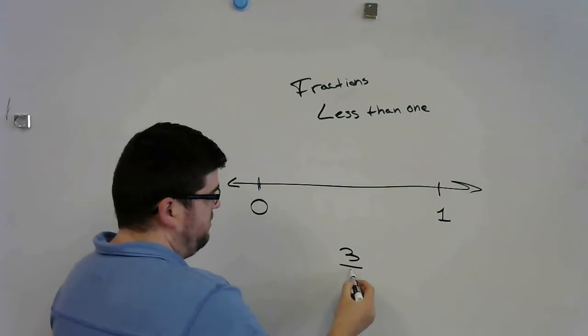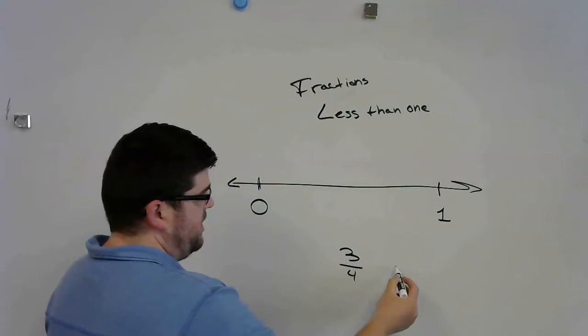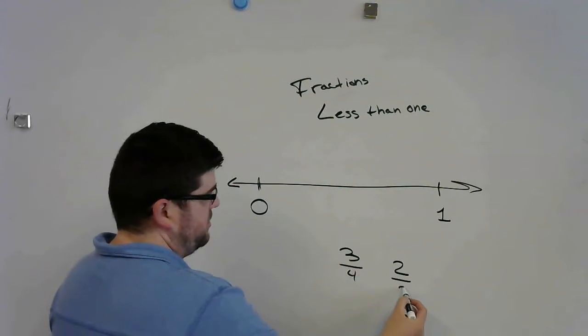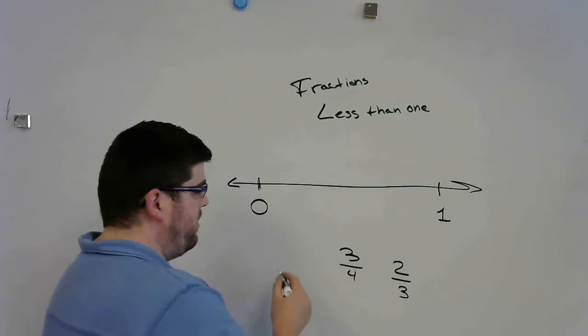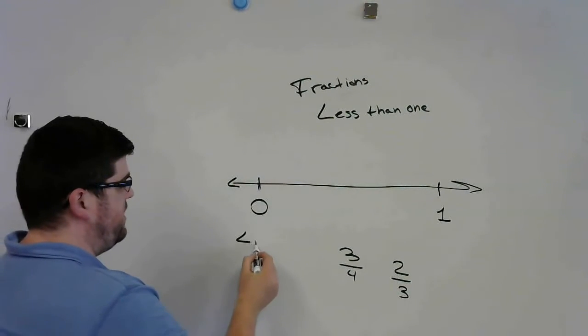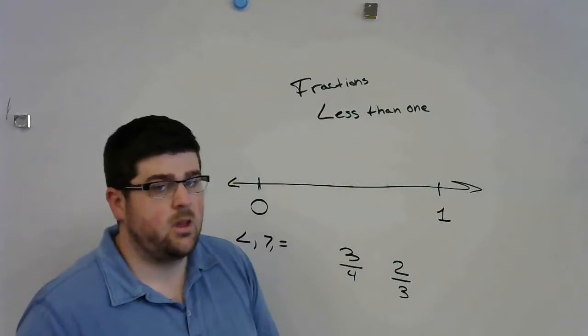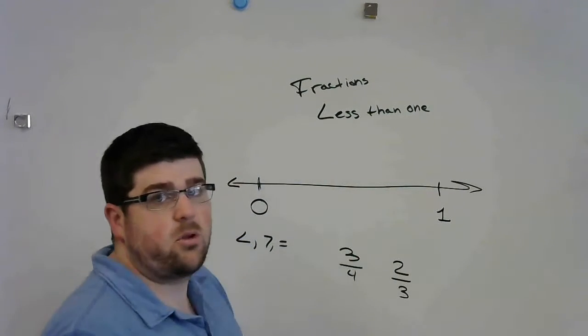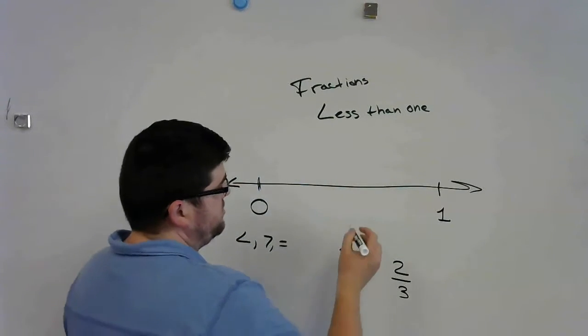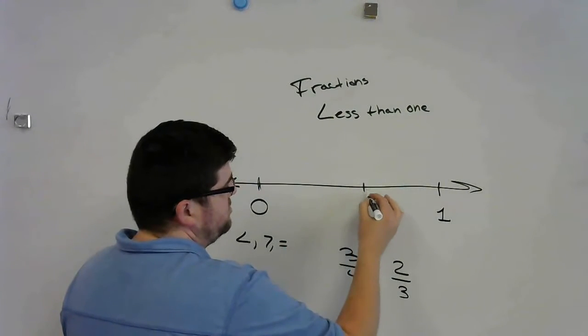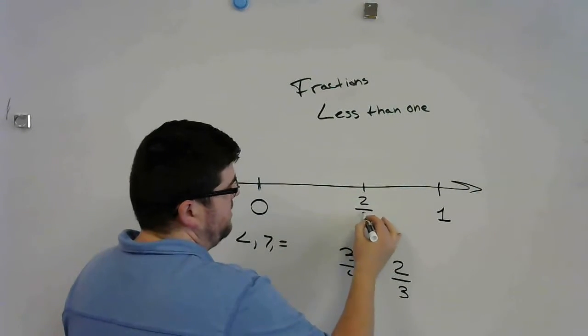I had a fraction that was 3/4, and I had a fraction that was 2/3. And we want to know whether that fraction is less than, greater than, or equal to. Today I'm going to put it on a number line for you, but you could put it on a number line yourself. 2/3 would be about right there.